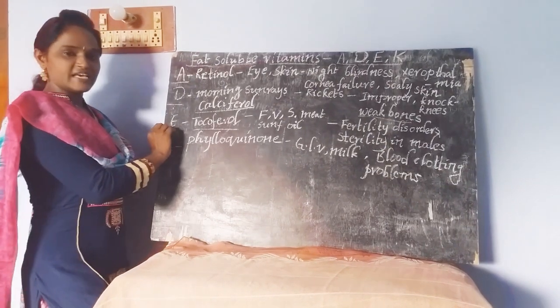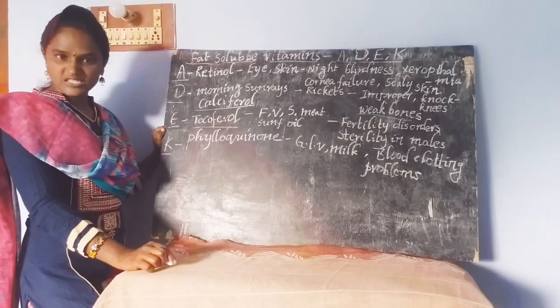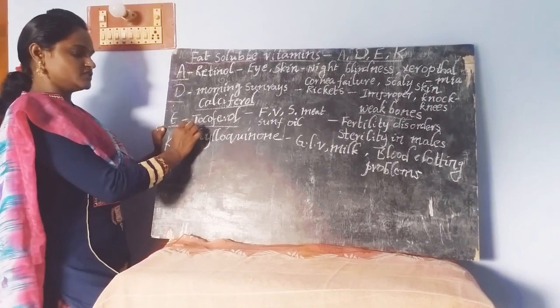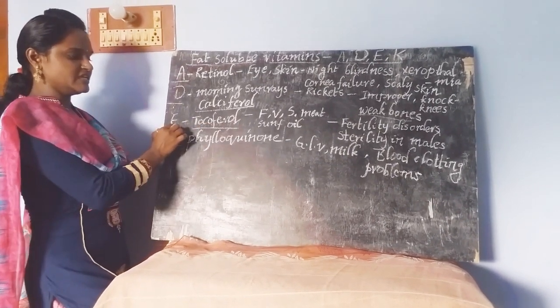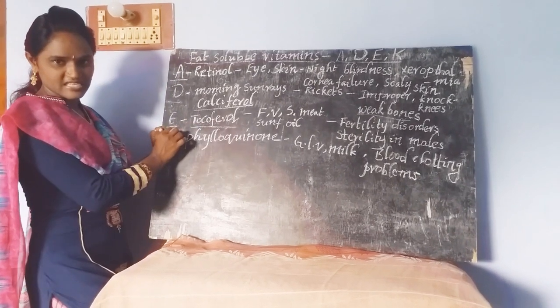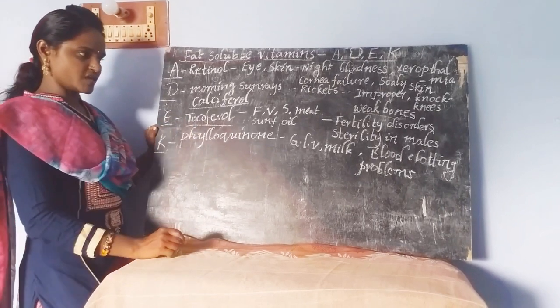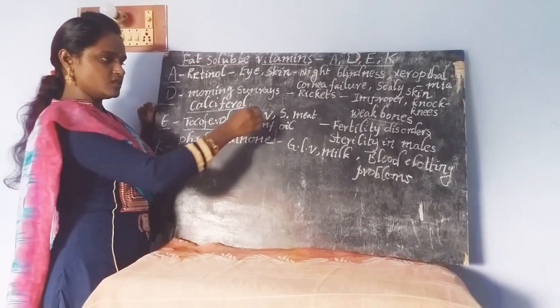Okay, then move to the next vitamin, that is vitamin E, which adds beauty to our body. The scientific name of vitamin E is tocopherol. What is the scientific name of vitamin E? Tocopherol. Okay. And where is it available?